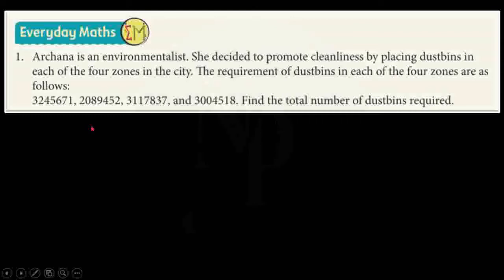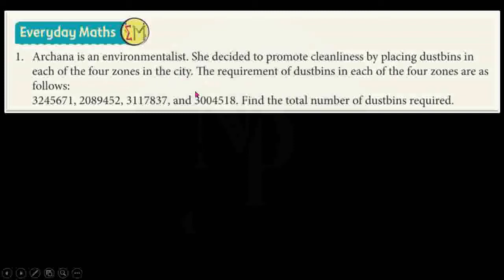So here in this question, Archana is an environmentalist who takes care about the environment and about cleanliness. So she decided to promote cleanliness by placing dustbins in each of the 4 zones of the city.